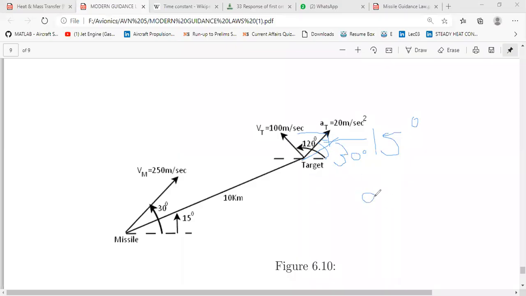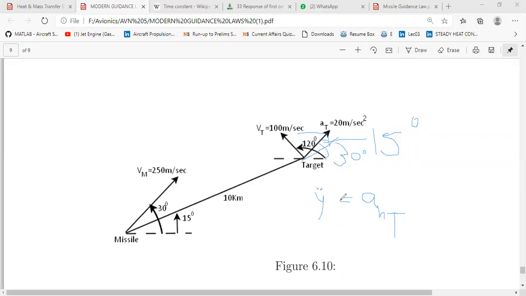value of A_N, C is equal to Y double dot. Find out. I already have explained it now.